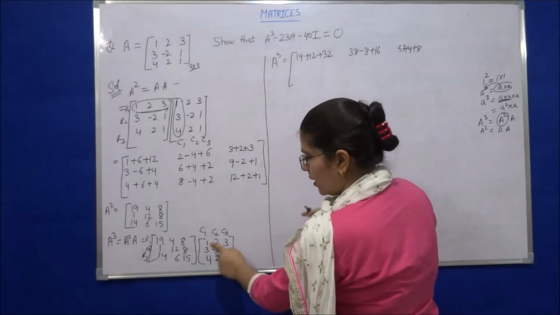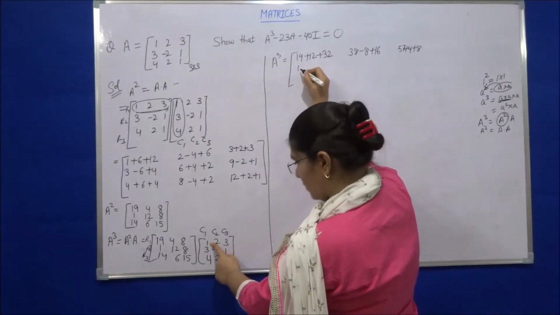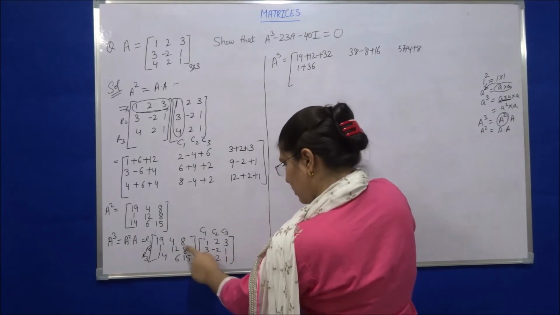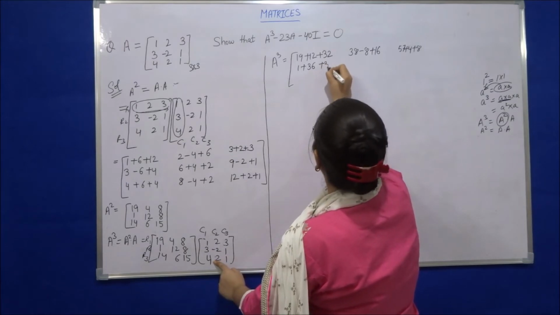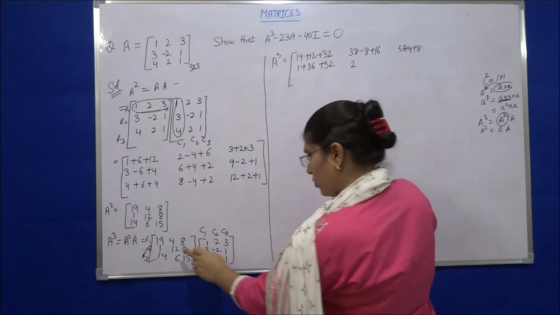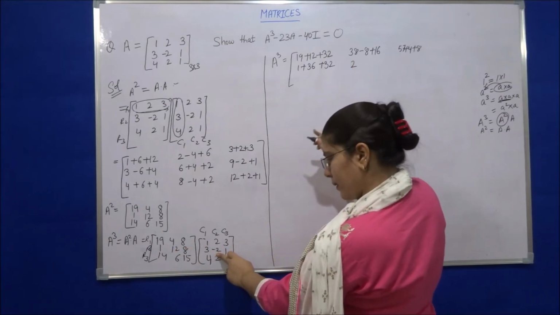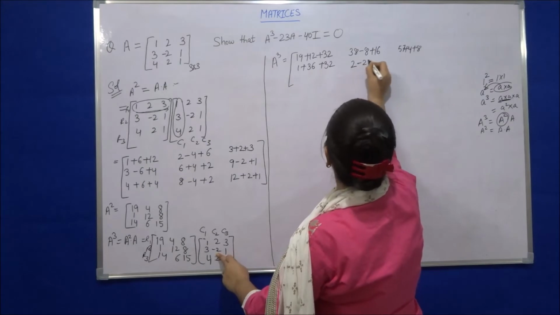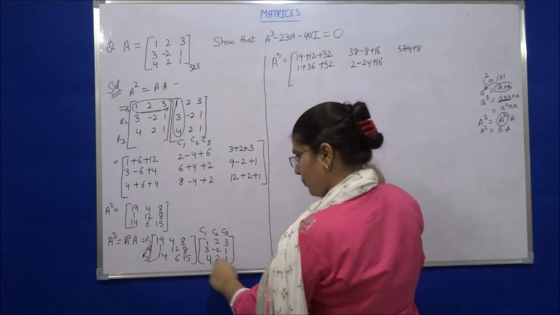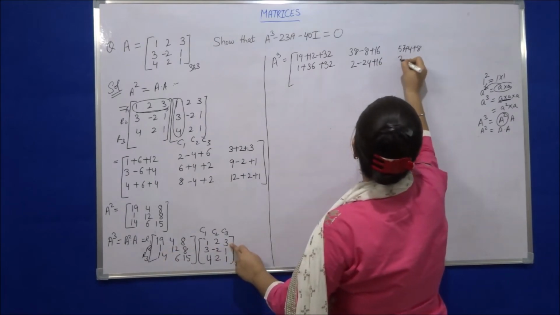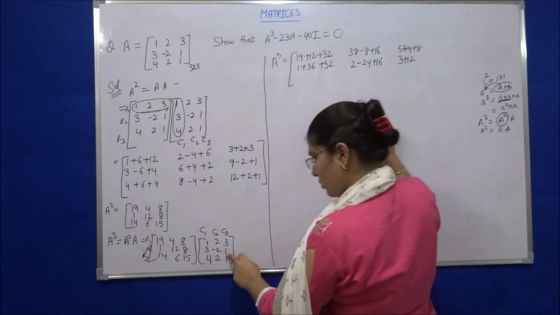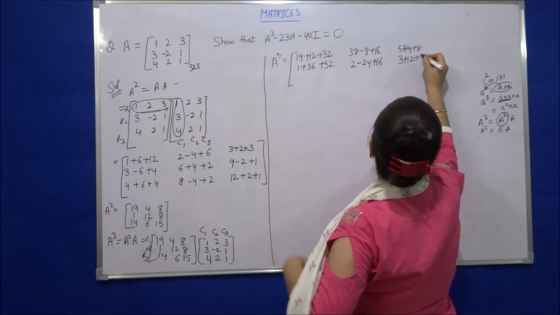So 1 into 1 is 1, 12 into 3 is 36, 8 times 4 is 32. 1 multiplied by 2 will be 2, 12 multiplied by minus 2 will be minus 24, 2 multiplied by 8 will be 16. 1 multiplied by 3 will be 3, 12 into 1 will be 12, 8 into 1 will be 8.